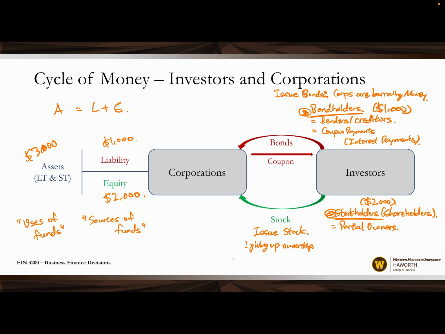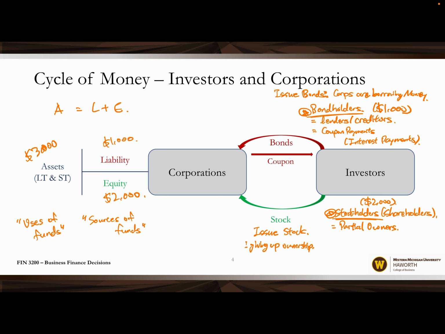We'll talk about bonds later again, but just know for the first exam, bondholders are lenders, creditors, and they receive coupon payments, which are basically periodic interest payments. Corporations are obligated to pay these interest payments. If they fail to make these coupon payments, then the firm goes bankrupt. And bankruptcy is obviously no good.